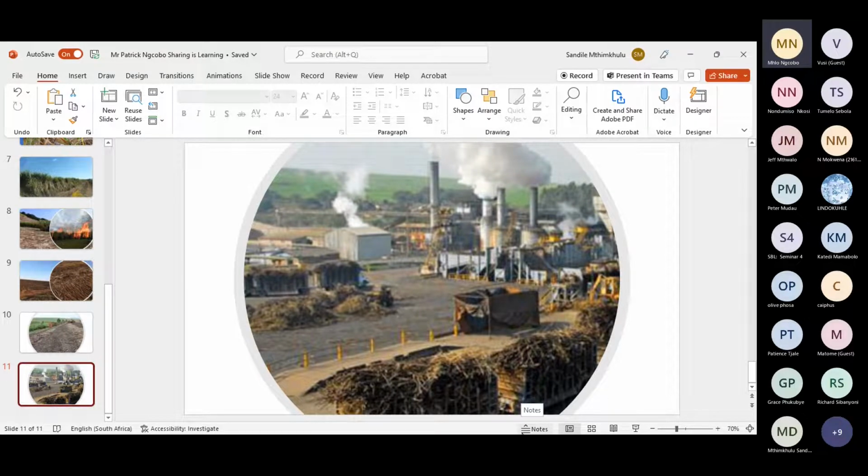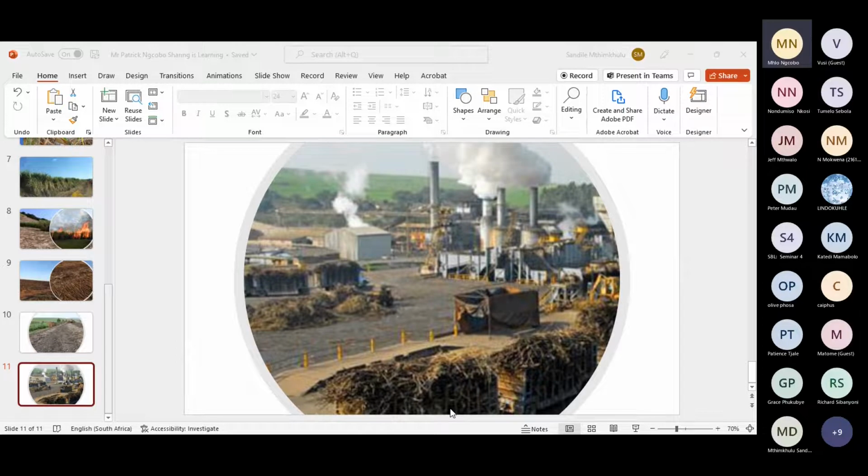Because what also happens is if your cane stays a longer period in your farm, either not harvested or harvested but not sent to the mill, it deteriorates and loses value. So when it gets burnt, you will maybe have RVs of about 12.5%, and then you wait for about 3 or 4 weeks and then you send it to the mill.